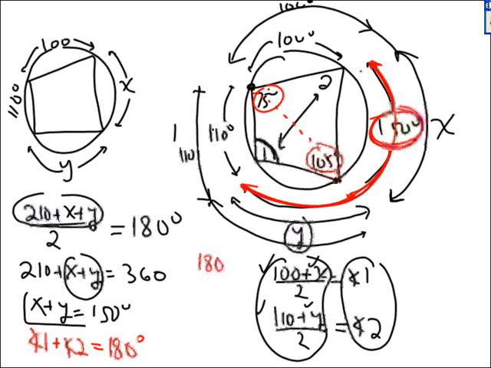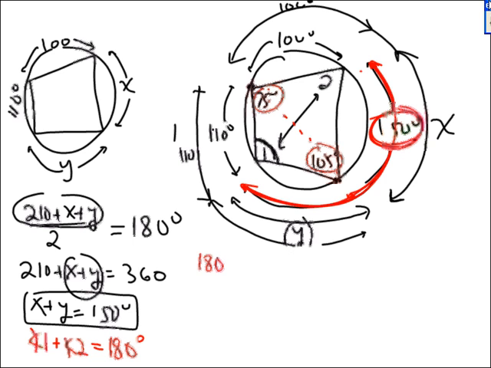Here it is in terms of x and y. Now, we know that angle 1... Sorry, I'm not seeing this immediately. We know the measure of angle 1 is half of its intercepted arc.